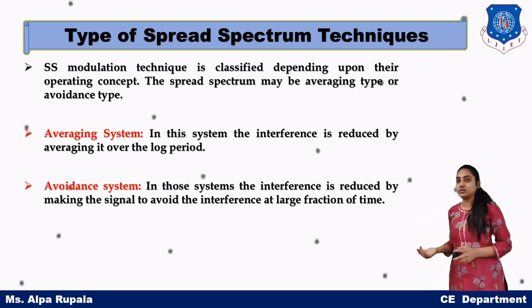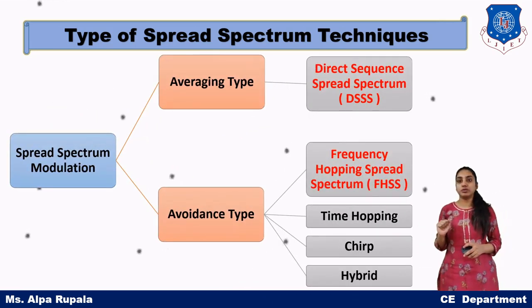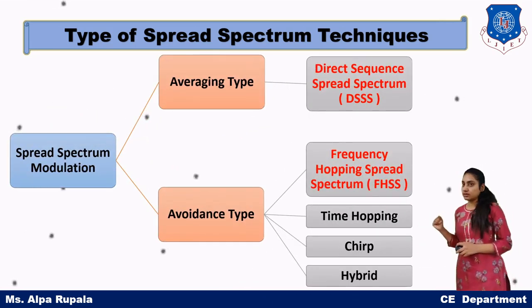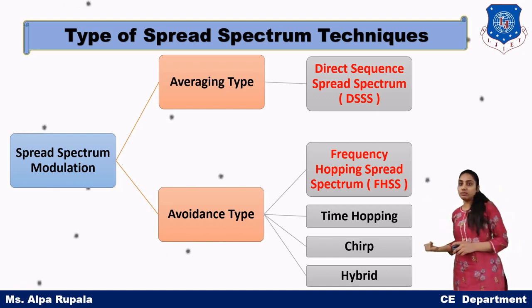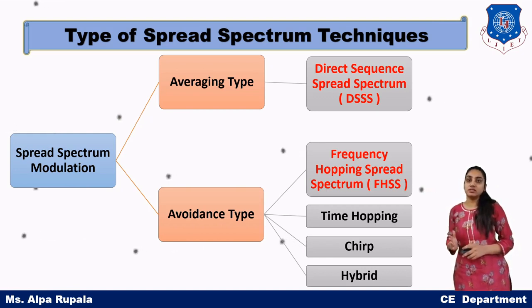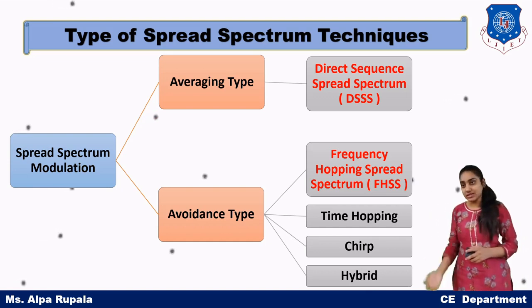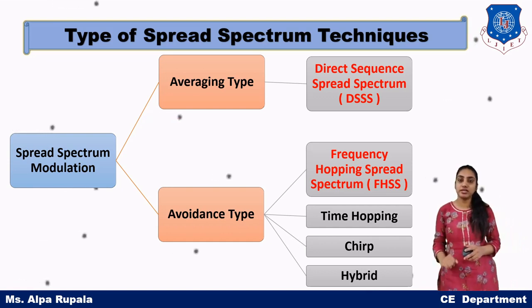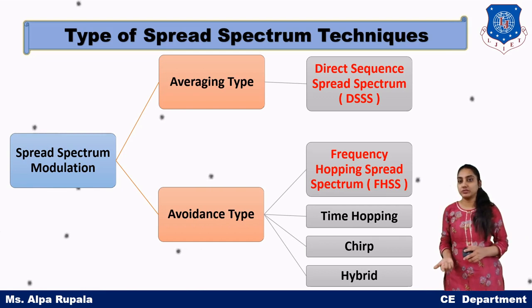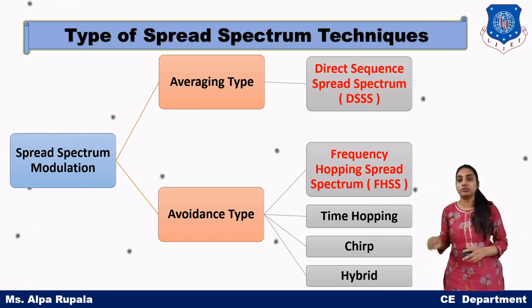On these two bases we have the spread spectrum modulation techniques. According to the averaging type, the technique is DSSS, that is direct sequence spread spectrum. According to the avoidance type, we have frequency hopping spread spectrum, chirp, time hopping spread spectrum, and hybrid.